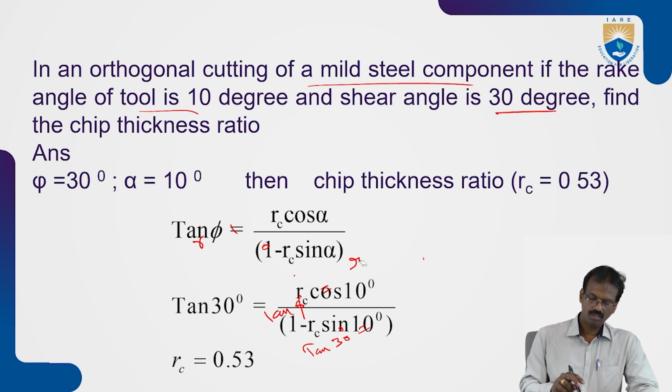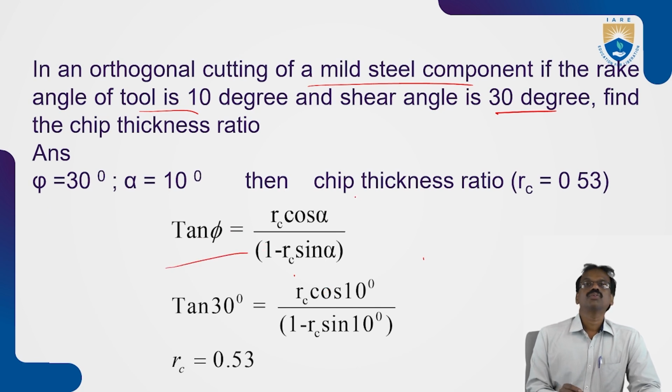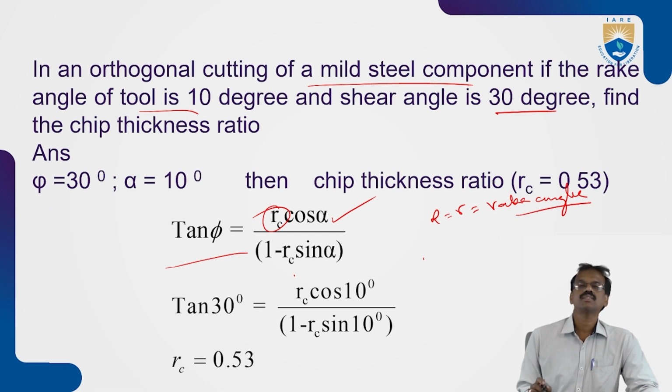So here the rake angle is represented by alpha, don't confuse this one. So tan phi is equal to rc cos alpha by (1 minus rc sin alpha), where rc is nothing but the r ratio, the chip thickness ratio, and alpha is equal to gamma, the rake angle.